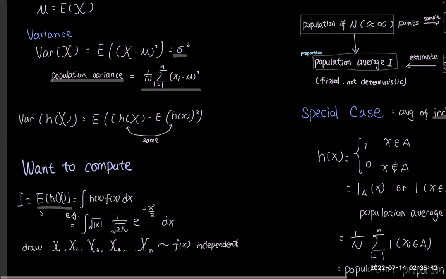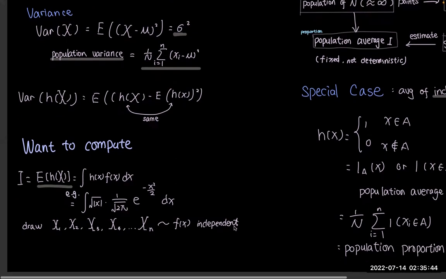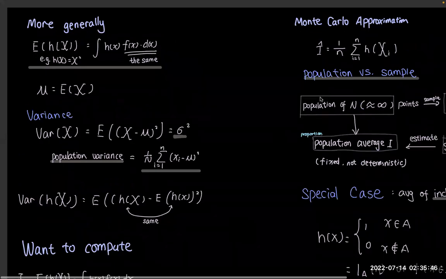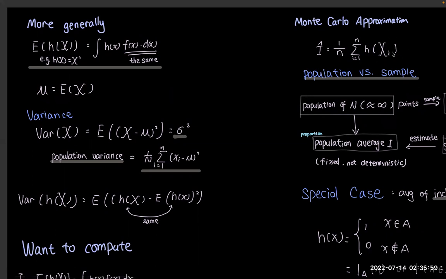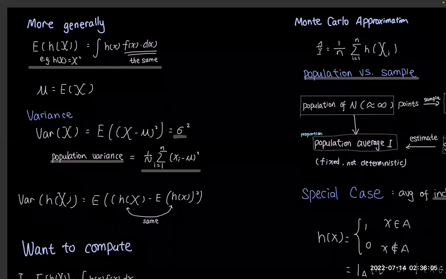We then approximate the population average by the sample average, which is the average of h of x_i over the small n. For each x_i, we compute h of x_i, and then we compute the Monte Carlo approximation, which is the sample average. We use this to estimate our integral I, and we call it I hat.